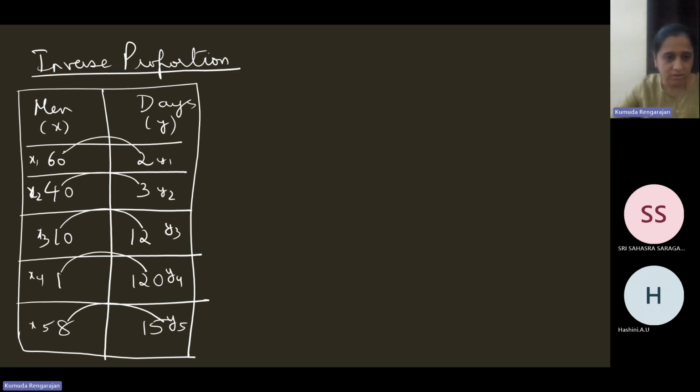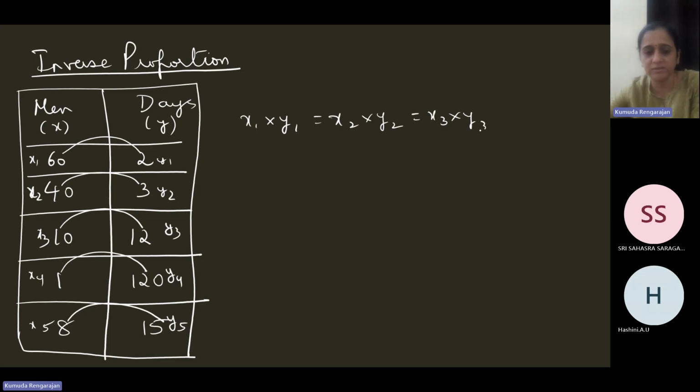So what do you see here? x1 into y1 is 120. x2 into y2 is 120. x3 into y3 is 120. x4 into y4 is 120, which means xy is a constant. The product is a constant.